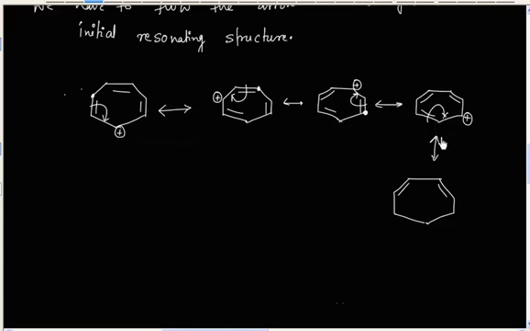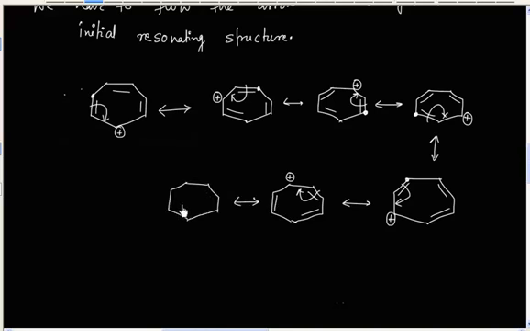Now this double bond is here, and this carbon will be having a positive charge because there is a bond breaking for this carbon. We can shift this double bond here. Now this carbon will have positive charge. We can shift this double bond here, so we will have positive charge over this carbon.